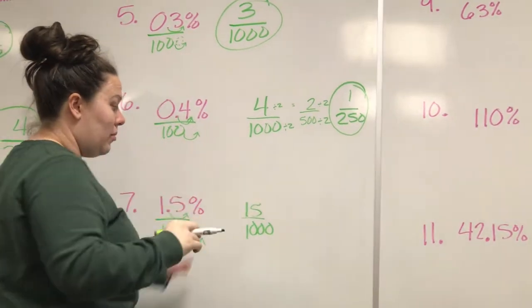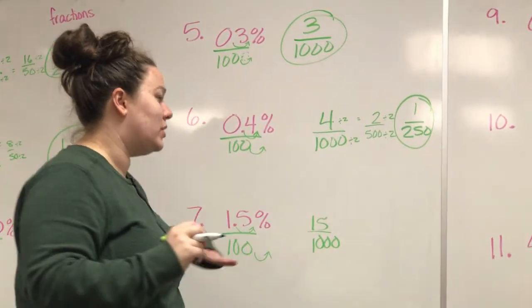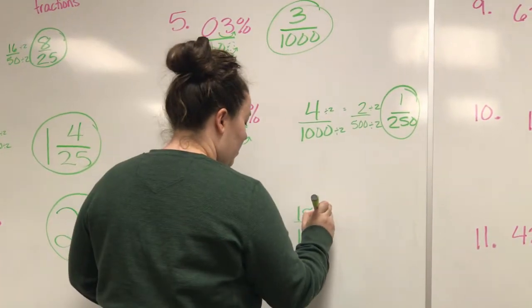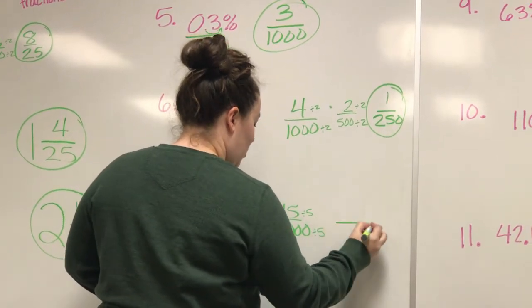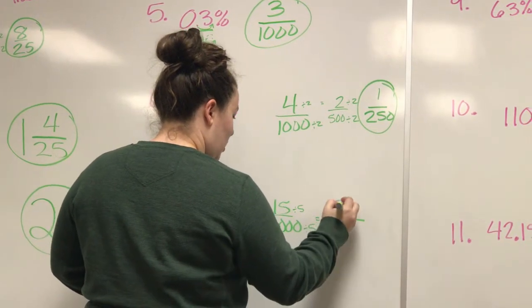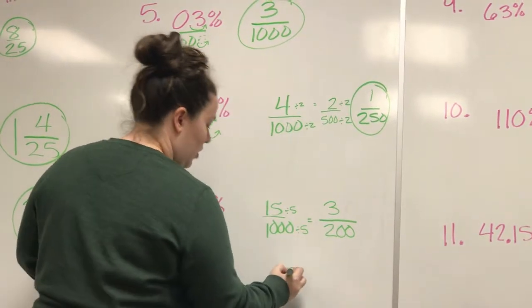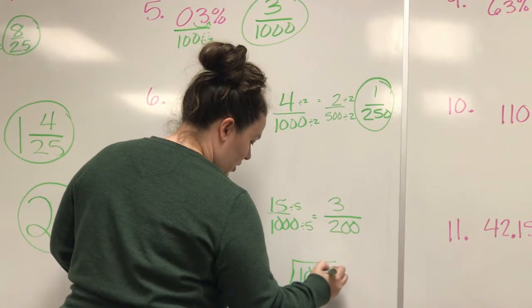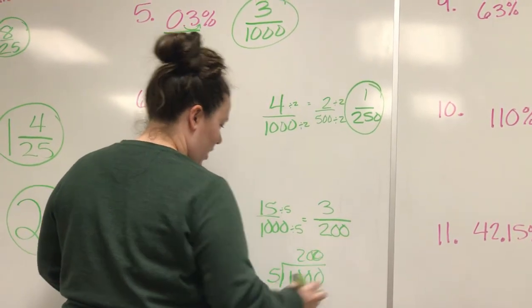Anytime a number ends in 5 or 0, it can be reduced by 5. Over 200. Just want to double check that math. 1,000 divided by 5. Yeah, 200.